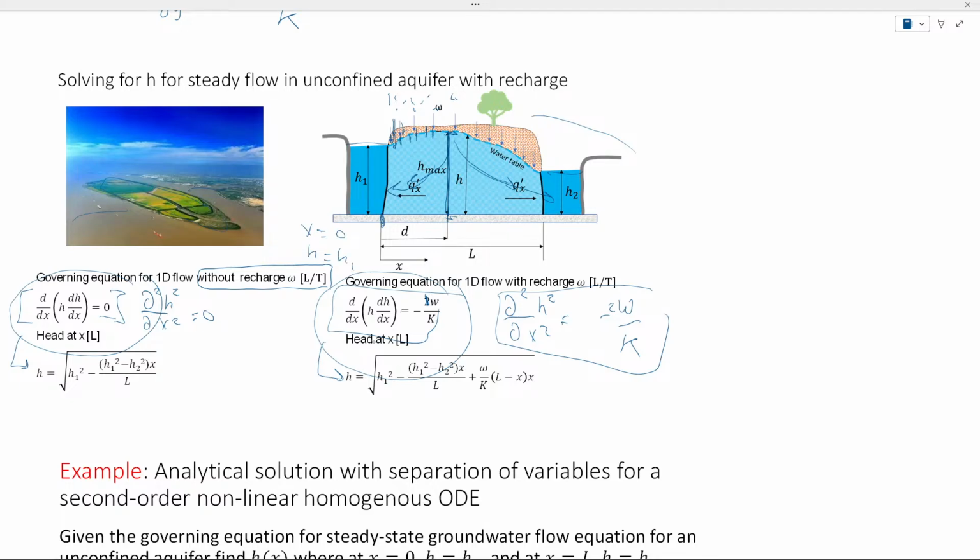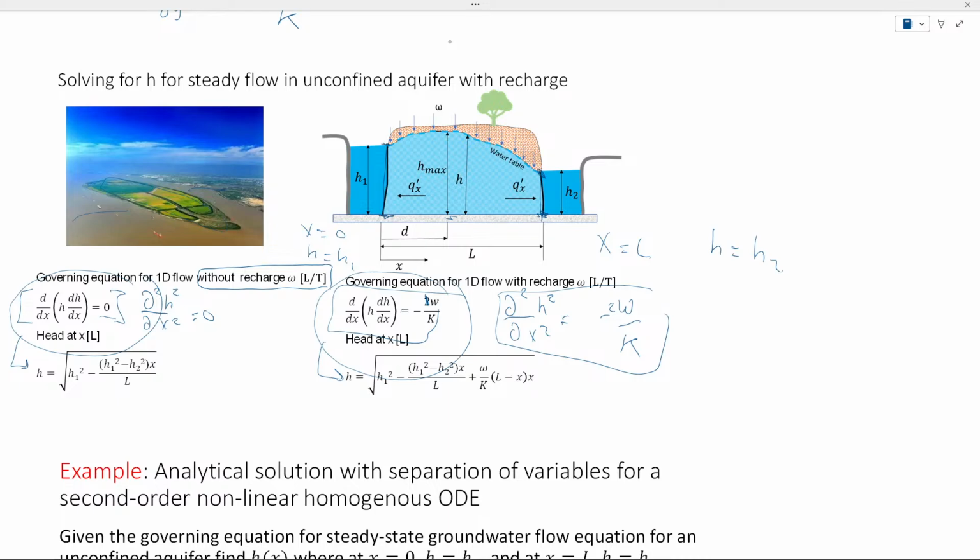That would be H1 here. And at x equals L, like here, H is equal to H2. That would be the head here.